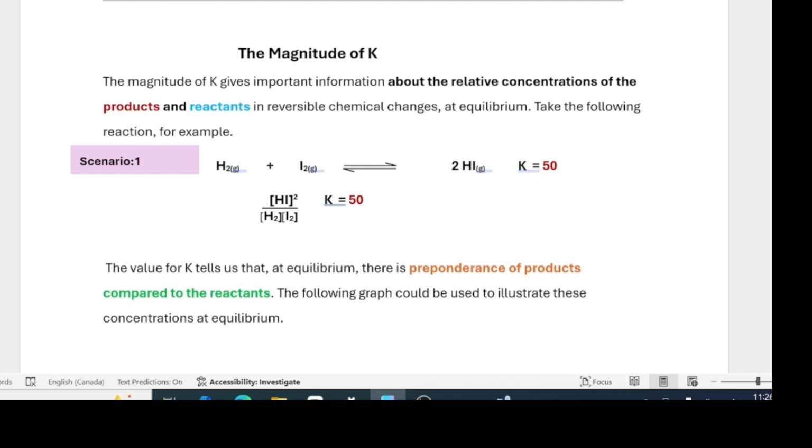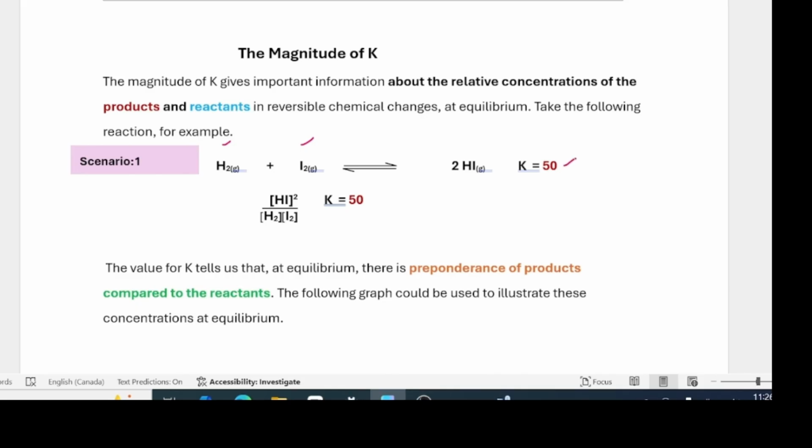Now, the magnitude of the equilibrium constant gives important information about the relative concentrations of the products and reactants in reversible chemical changes, of course, at equilibrium. For example, if I have hydrogen combining with iodine, we just found that its equilibrium constant is 50.